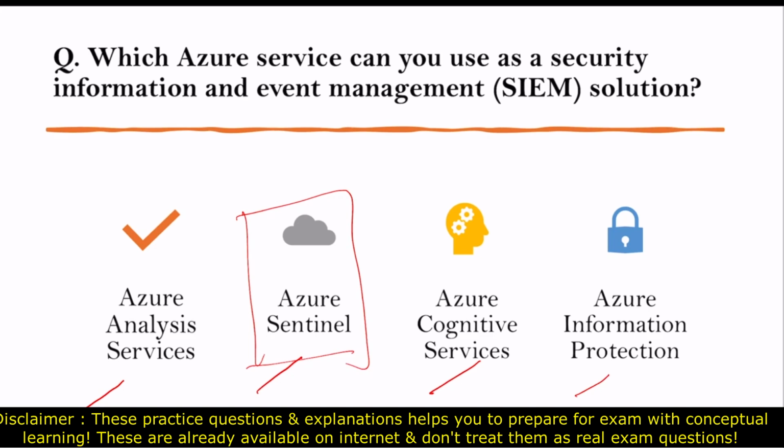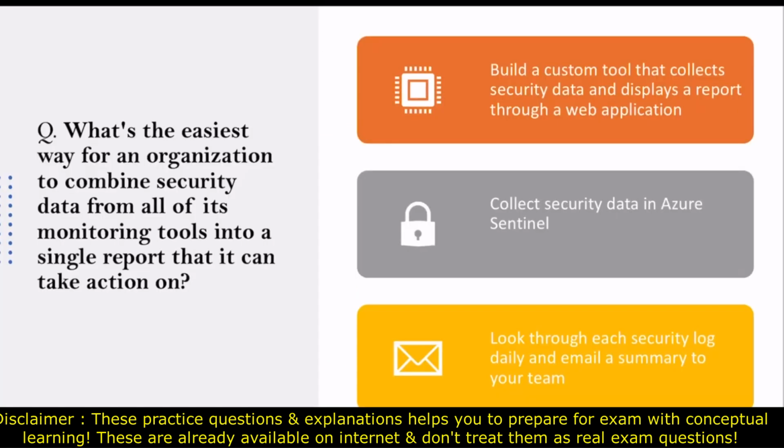Let's talk about the next question. Which is the easiest way for an organization to combine security data from all of its monitoring tools into a single report that it can take action on? The options we have: build a custom tool that collects security data and displays a report through a web application, collect security data in Azure Sentinel, and look through each security log daily and email a summary to your team.